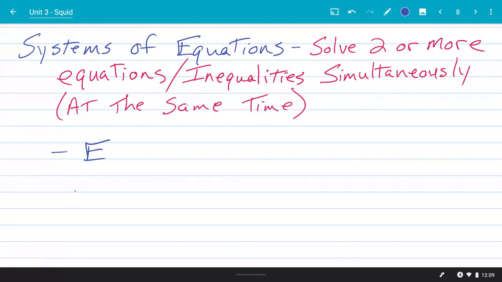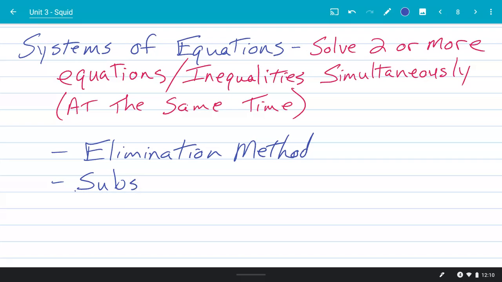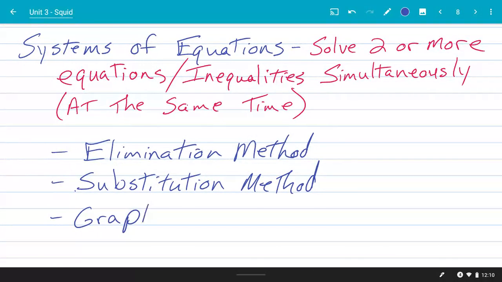We will have the elimination method, we will have the substitution method, and today's lesson, the graphing method. All 3 different ways.